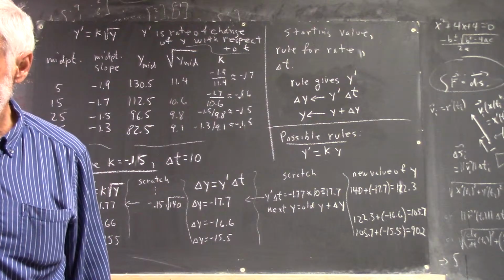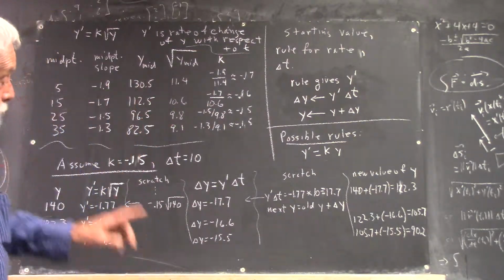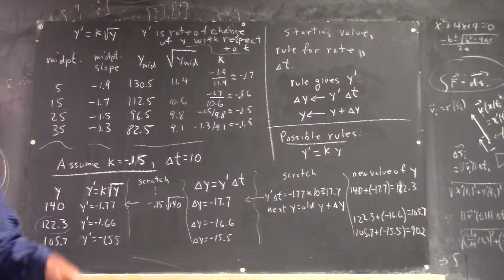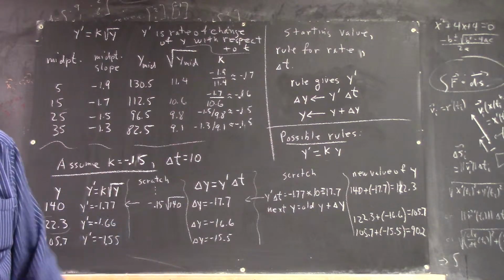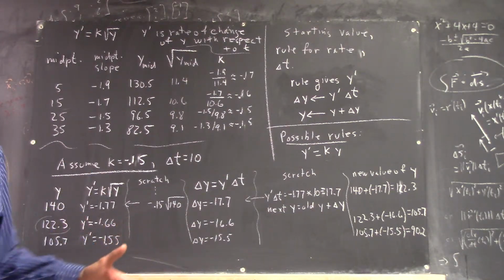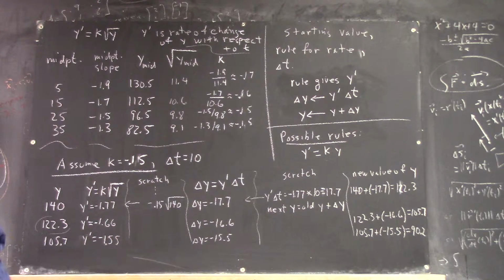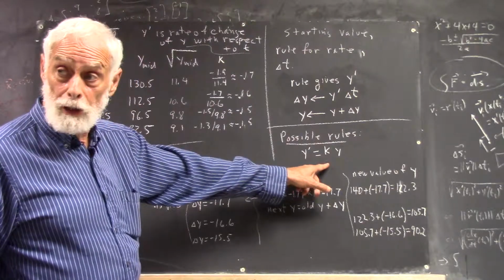Okay? Now, one thing about this. This rule gives you a quadratic function, which is just a transformed power function. Second power. This always gives you an exponential.